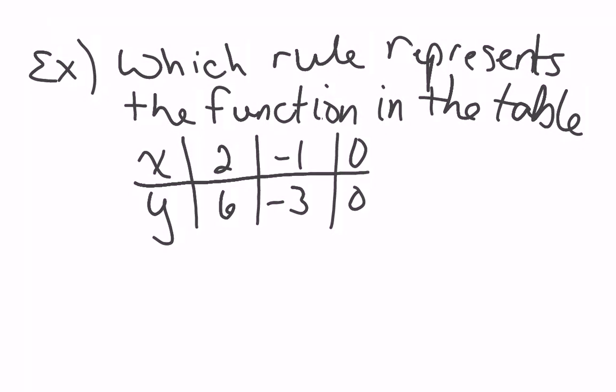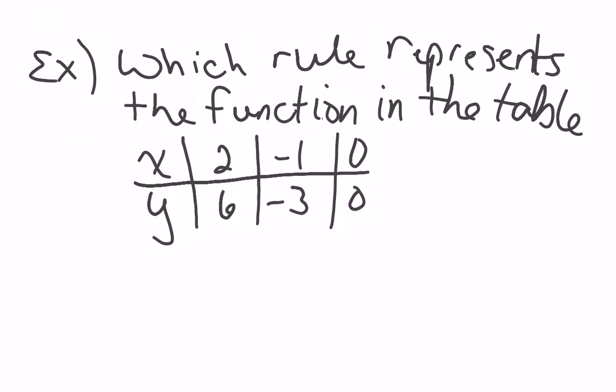Basically, we're looking for patterns. So what kind of pattern do we see as we look at the connection between the x and the y? So we look, if they put in 2, x is our input. They put in 2 and got out 6. They put in -1 and got out -3. And they put in 0 and got 0. So what is something that we could see actually happens and works in all of those scenarios?